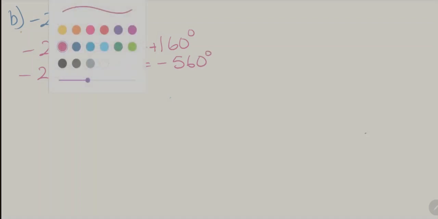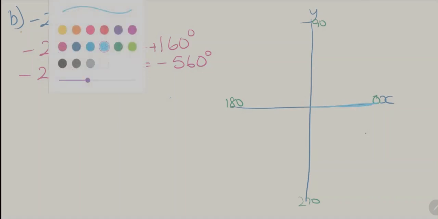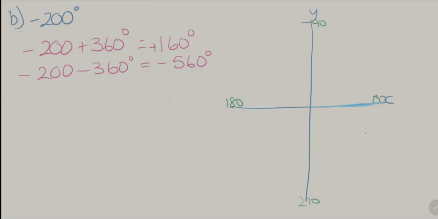So we need to check these, let's draw and label. So 0, 90, 180 and 270. The initial ray is going to start here. And let's have a look. So we've got 160.